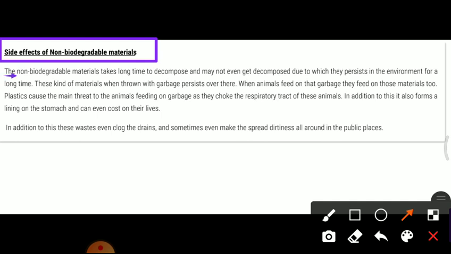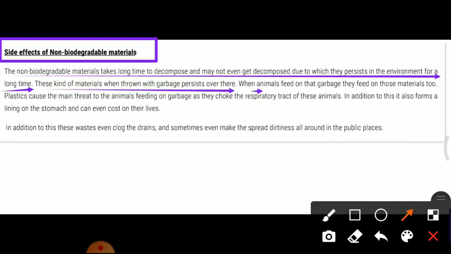The non-biodegradable materials take a long time to decompose and may not even get decomposed, due to which they persist in the environment for a long time. These kinds of materials when thrown with garbage persist there. When animals feed on that garbage, they feed on those materials too.